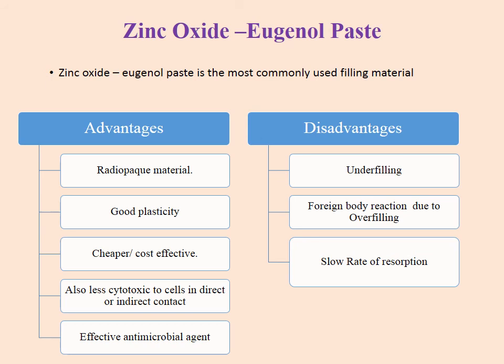The disadvantages being underfilling, or foreign body reaction due to overfilling, and the slow rate of resorption. So the disadvantage of zinc oxide eugenol is it has a slower rate of resorption compared to that of the natural tooth. And if it is overfilled, then foreign body reactions can be seen.